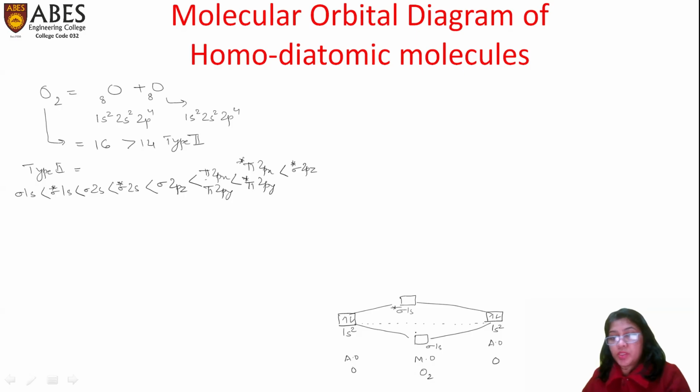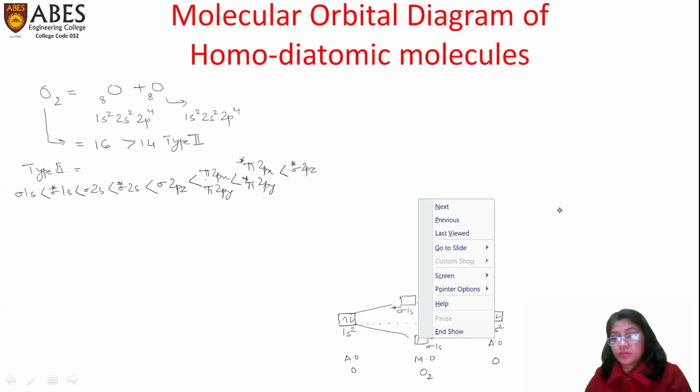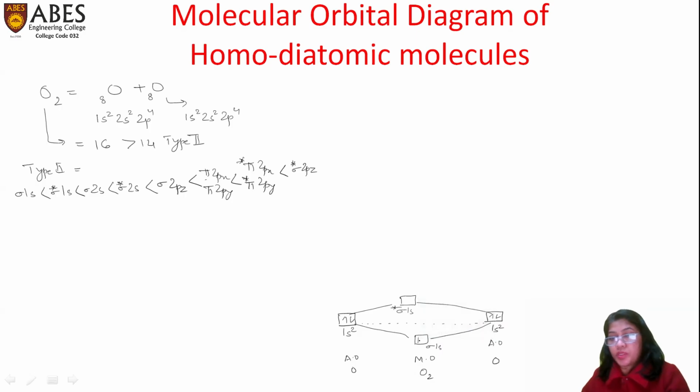Now filling up the molecular orbitals, since the number of electrons from these two atomic orbitals is 4, initially we give one electron to the sigma molecular orbital, and then another electron to this orbital because the sigma 1s bonding molecular orbital is not completely filled. Now it is completely filled and we still have 2 electrons, so those will be given to the antibonding molecular orbital.